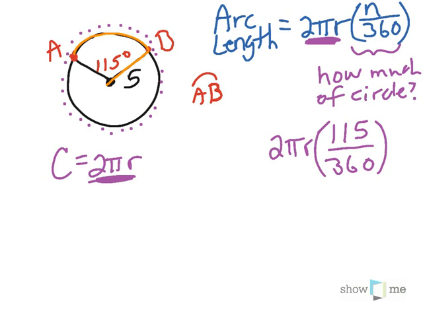That'll give me the length of that arc. So if I want to find this arc length, it's going to be 2 times pi times the radius, which happens to be 5, times that value.